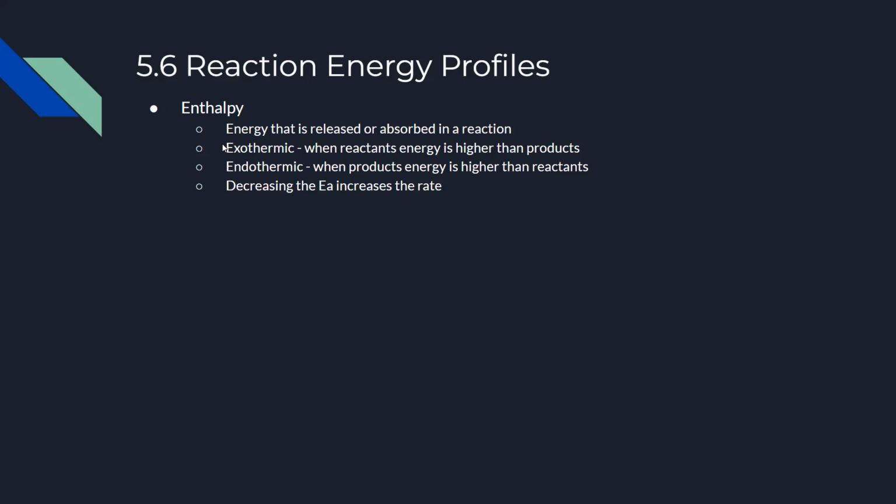So enthalpy is basically energy that's released or absorbed in a reaction. And an exothermic reaction is basically, in a graph, when the reactant's energy is higher than the products. This is exo. And endothermic is when the product energy is higher than the reactant.